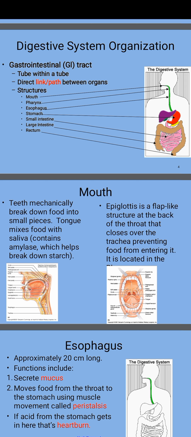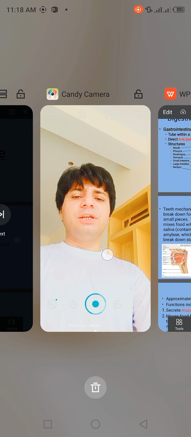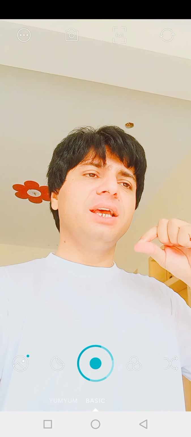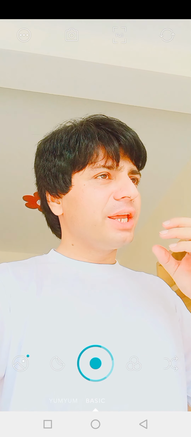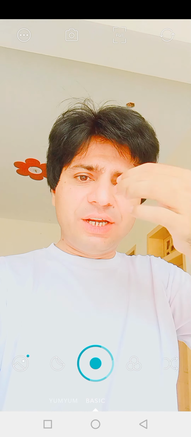The tongue mixes food with saliva, which contains amylase, which helps break down starch. The amylase enzyme is used for breaking down starch, and we get this enzyme with the help of saliva.